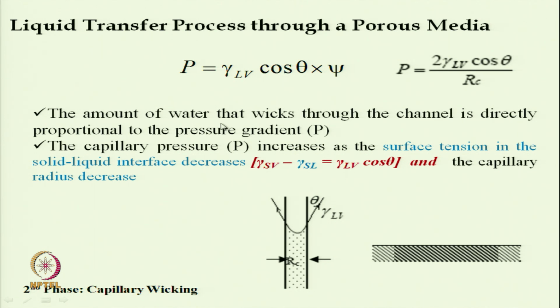The amount of water that wicks through the channel is directly proportional to the pressure gradient, that is the capillary pressure. The capillary pressure increases as the surface tension in the solid liquid interface decreases and the capillary radius decreases, that I have already mentioned. So, we must engineer our clothing, our sportswear, accordingly.